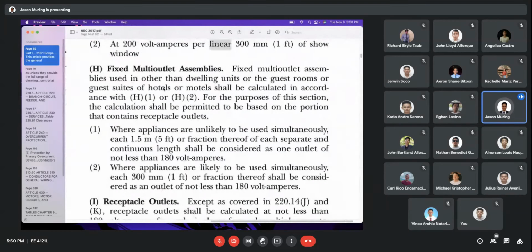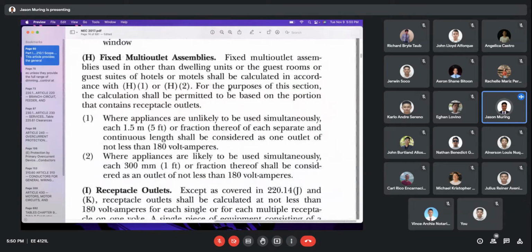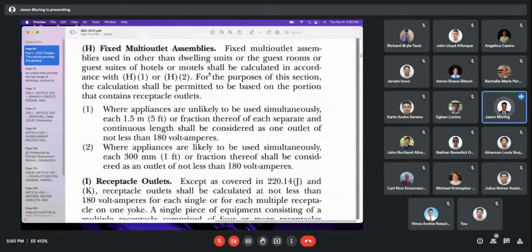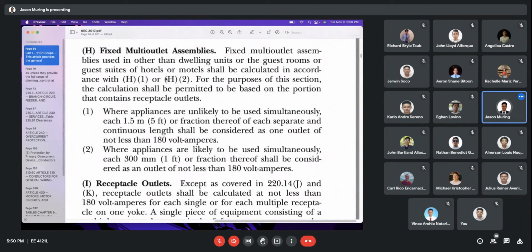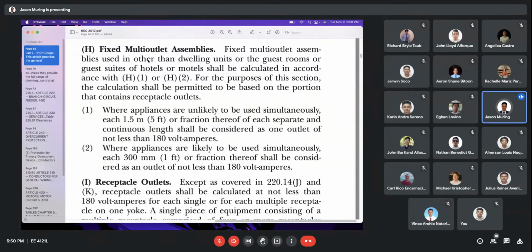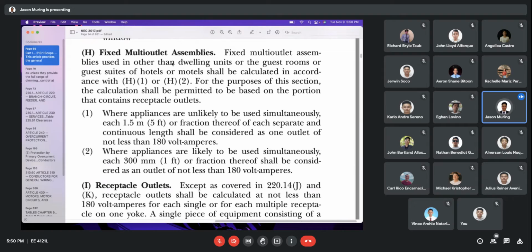For fixed multi-outlet assemblies, usually it's not used for household outlets. We can see this in, let's say, computer shops, in which there are lots of loads per foot in a given table. So you have to calculate your outlets based on this fixed multi-outlet assembly, based on H1 and H2.